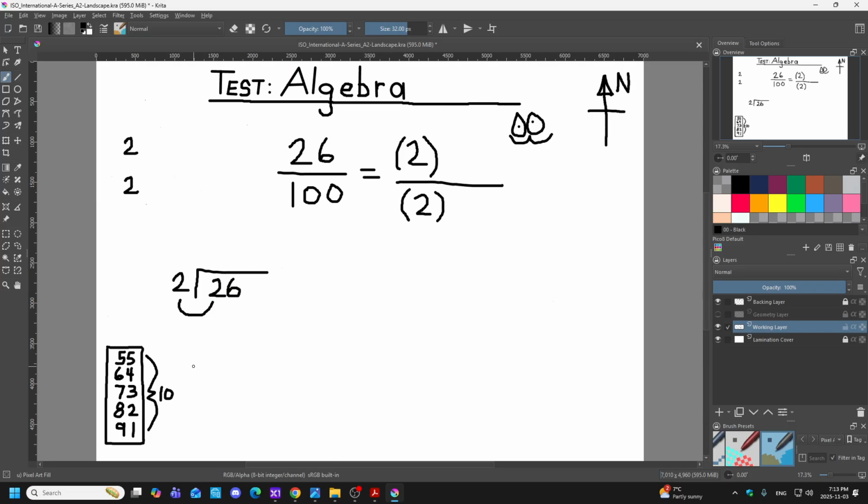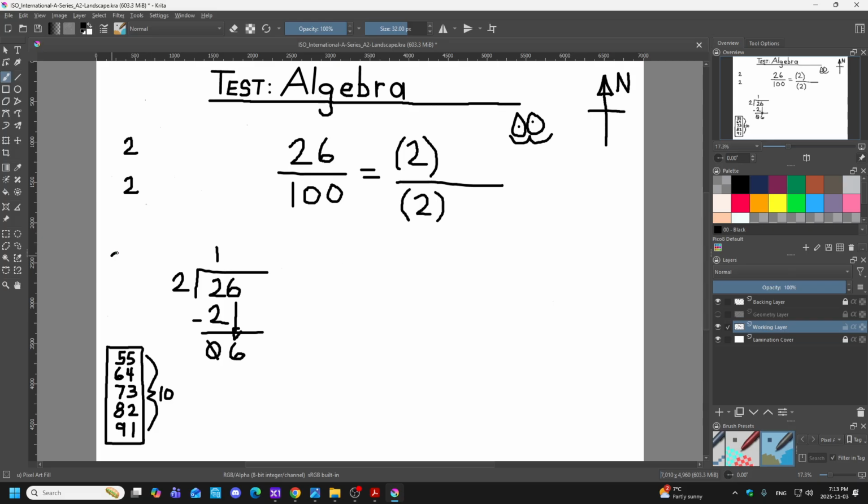2 goes into 2 nicely, so I'm going to put a 2 here. What times 2 gives you 2? That is 1. Subtracting gives us 0. Bring down the 6. Ignoring the 0, what times 2 gives us 6?